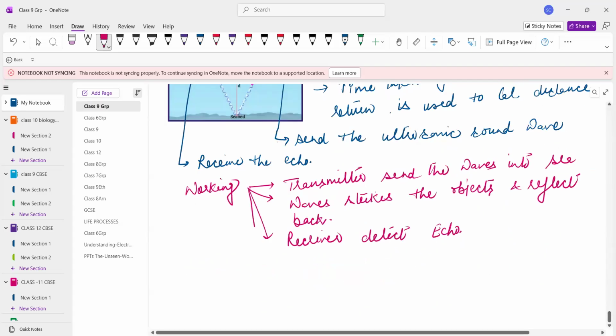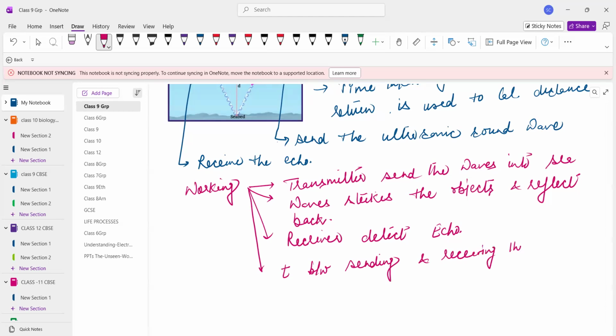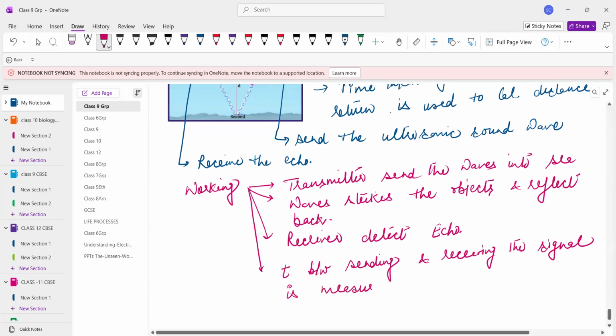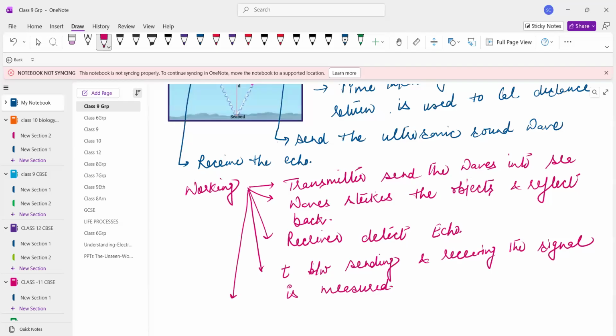Once the receiver finds the echo, the total time between sending and receiving the signal is measured.